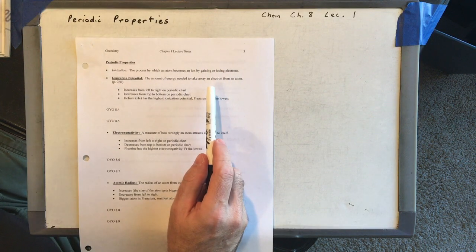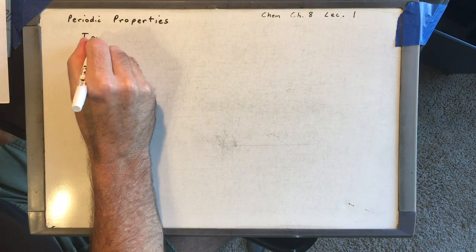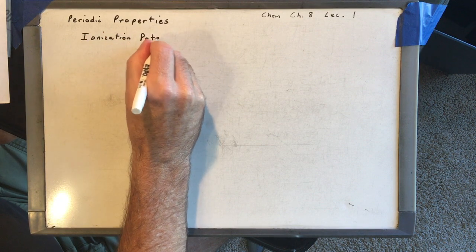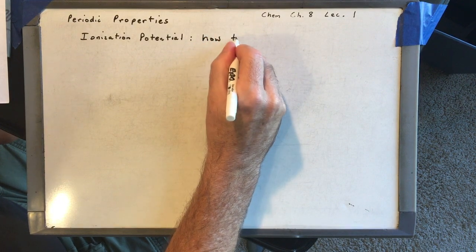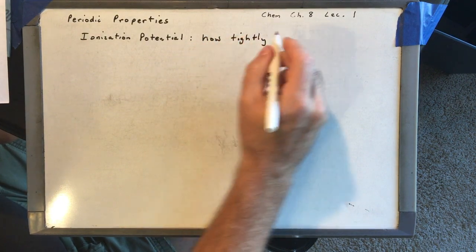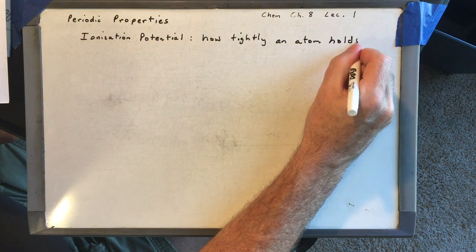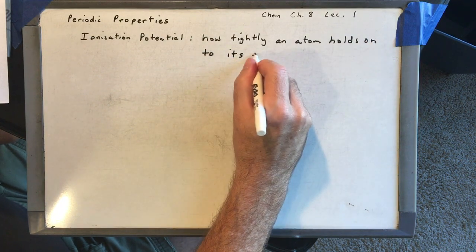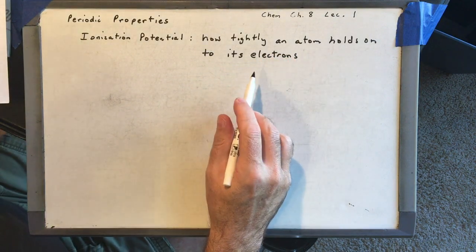Another way to put that is how tightly an atom holds on to its electrons. How hard is it gripping?